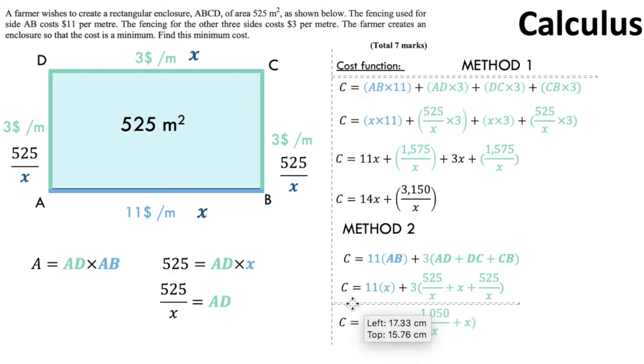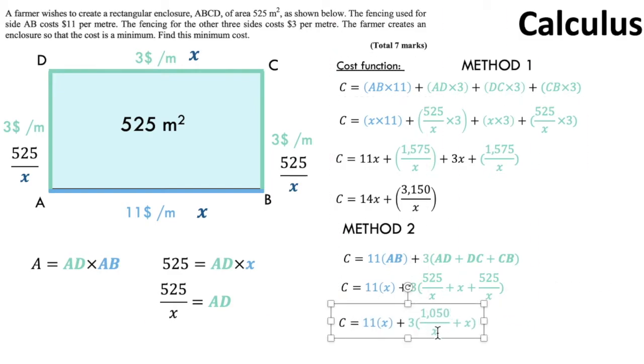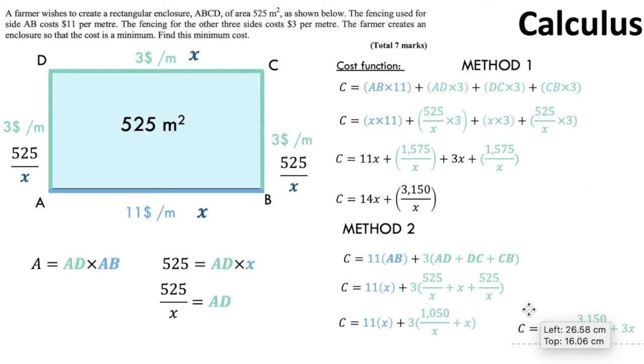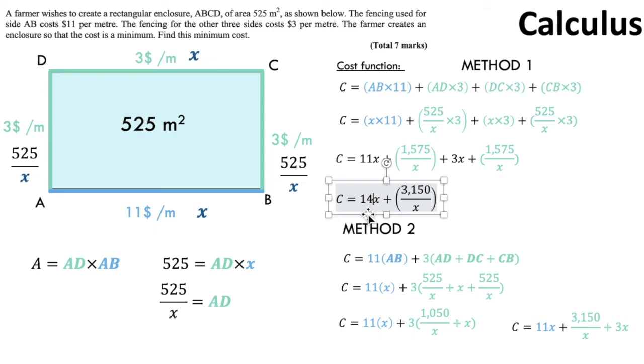If you keep solving the inside of the bracket, you would get this right here. And then if you do the multiplication, you would get this fraction, 11x, 3x, and then if you simplify this further, you'd get this final answer that we got before. So overall, either one you pick, you can find the exact same value.